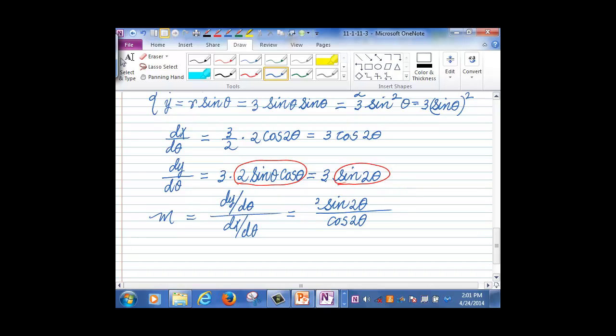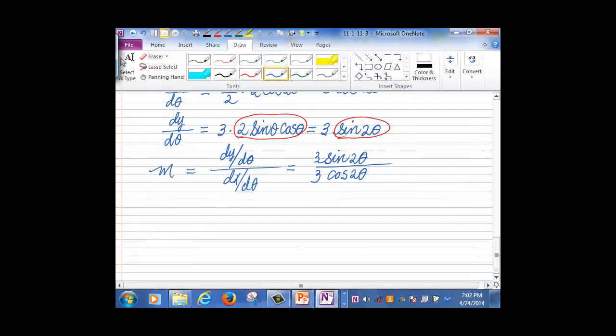I mean, I can write the 3's, but they cancel out, right? Now, I have to know the slope at the angle theta equals pi over 4.